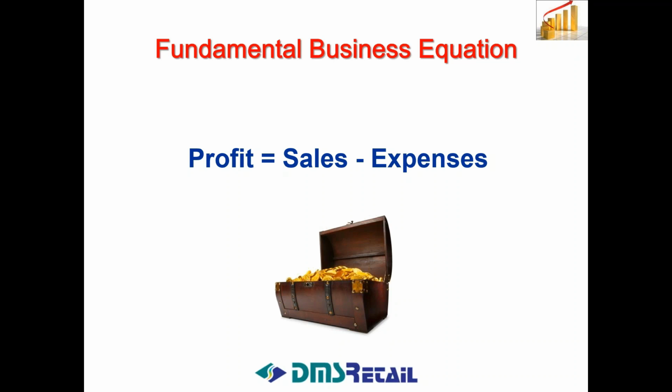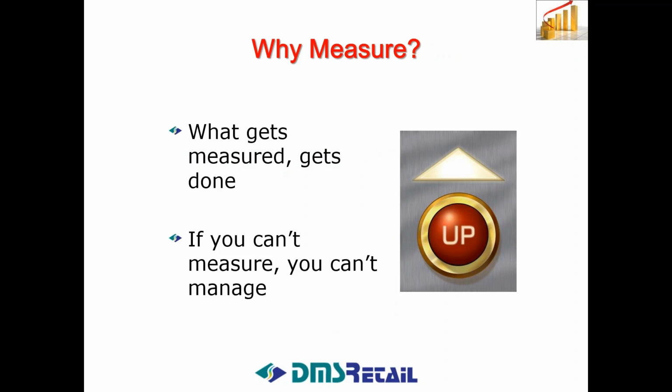And before we get to that, we have to first of all be able to measure what's going on around us in our business. So we're going to talk about some measurements before we get into the real blueprint and the formula. Why do we measure? We measure for two reasons. Number one, what gets measured gets done.